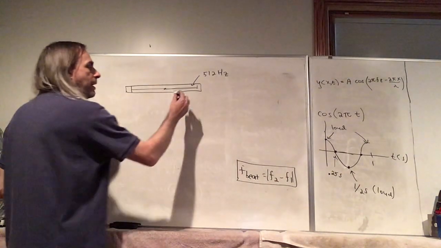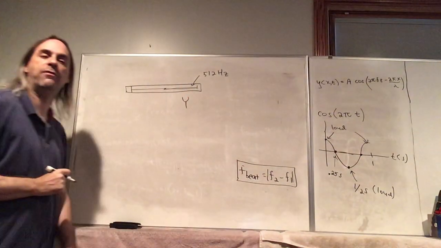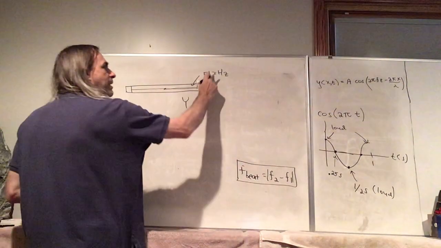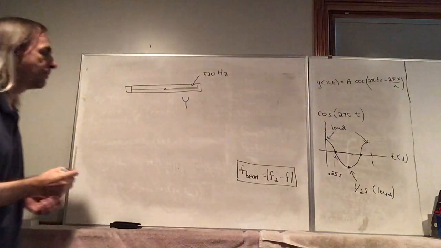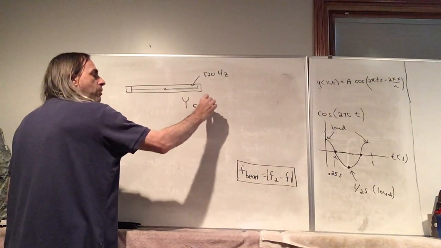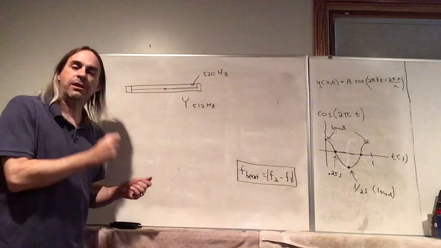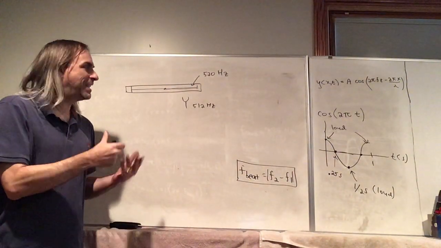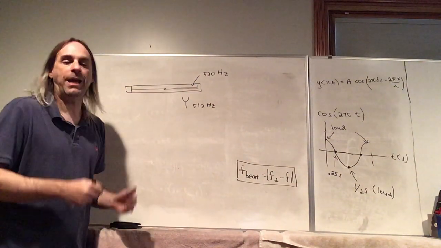Well, what you do is you get a tuning fork. Like, say you're trying to produce 512 hertz, but say it's significantly off, like 520 hertz. And say you have a tuning fork, which is at 512 hertz, and what you do is you pluck the string and hit the tuning fork and just listen to the combined sound, and here the beat frequency would be 8 hertz.